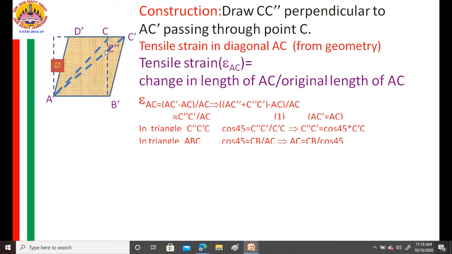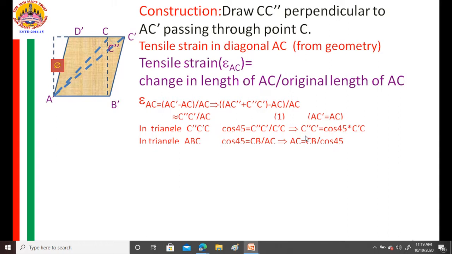Therefore, cos of 45 equal to CB divided by AC. B and B dash are coinciding here. From that, I will get AC equal to CB divided by cos of 45.